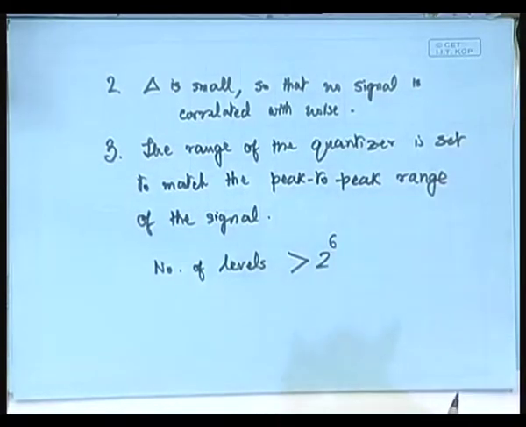So, definitely that means we will be having more than 6 bits for our representation of the quantized samples. But one very important aspect of the speech signal is that between different speakers, we have a very large variation in signal strength.